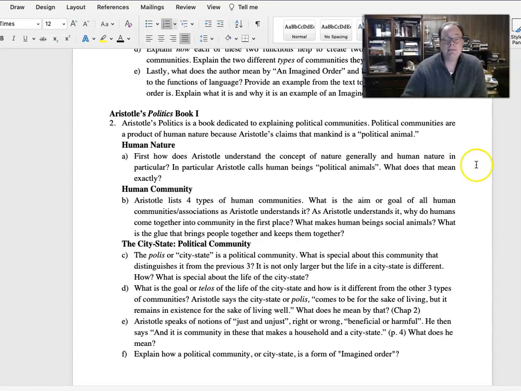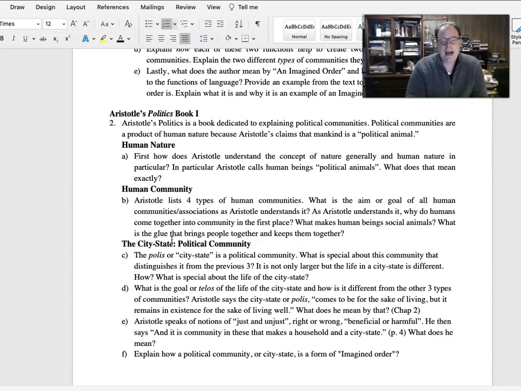So I've broken the questions down into three parts, and they all build one off of the other. The first part of it deals with human nature. The second deals with human community in general. And then the third deals more specifically with this thing called a polis, or in the text that you have, it's called a city-state. But a polis and a city-state are one and the same thing, and I use both of the words to make it clear so you know exactly what I'm talking about.